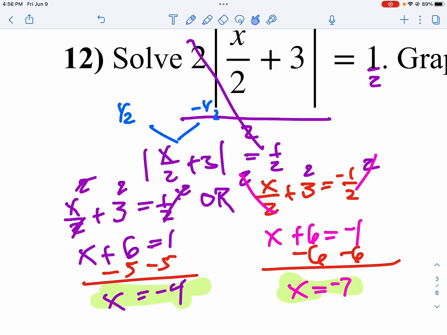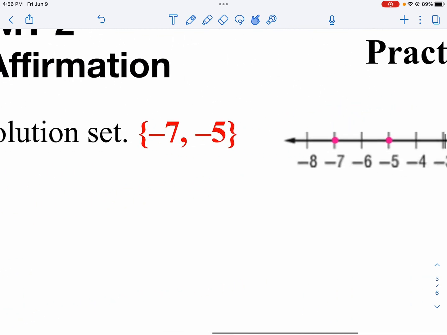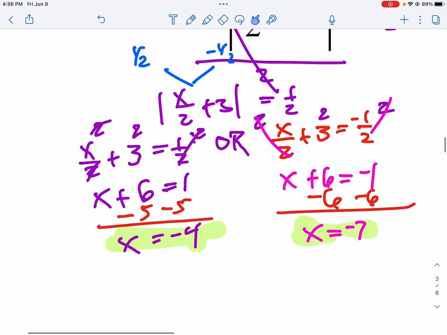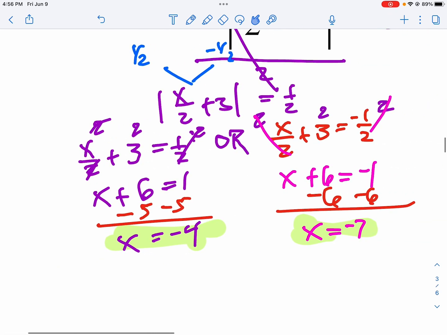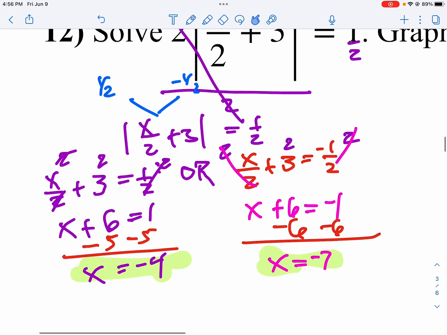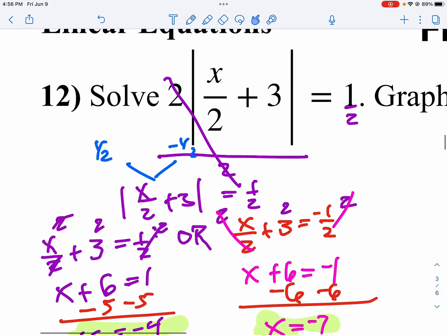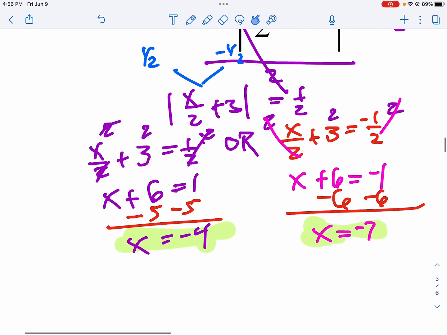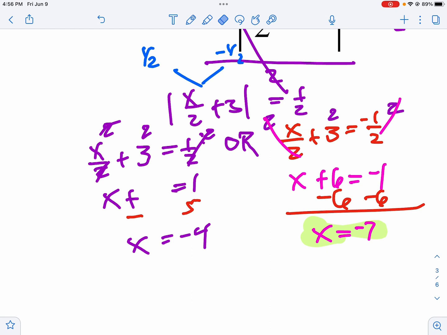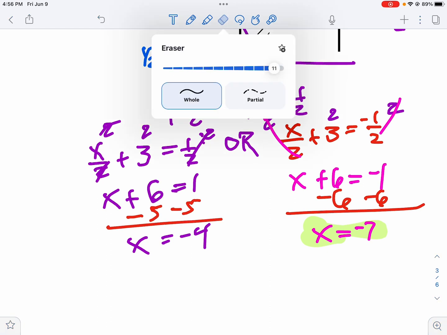And then what we do is... One minus 5 is negative 4. Why did I say negative 5? Oh, am I dumb? See that? I subtract 6 from both sides, not 5.